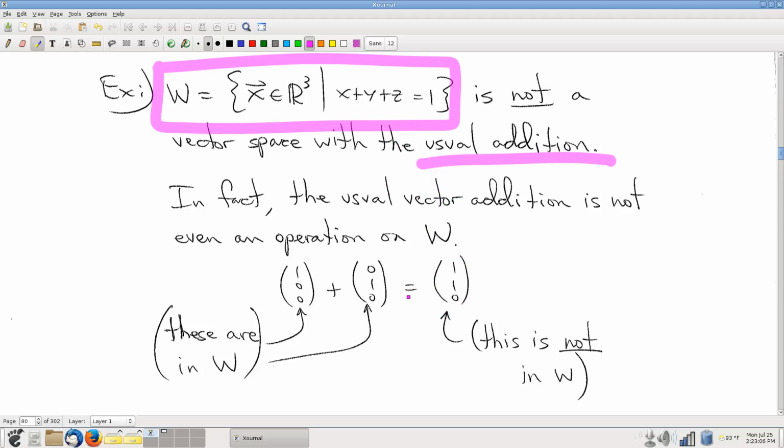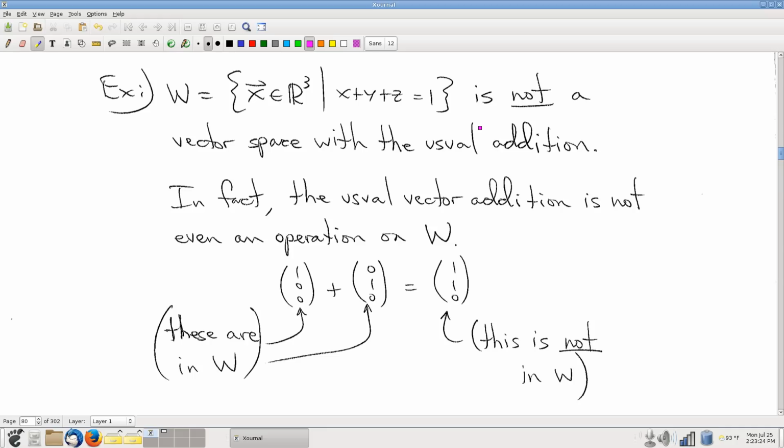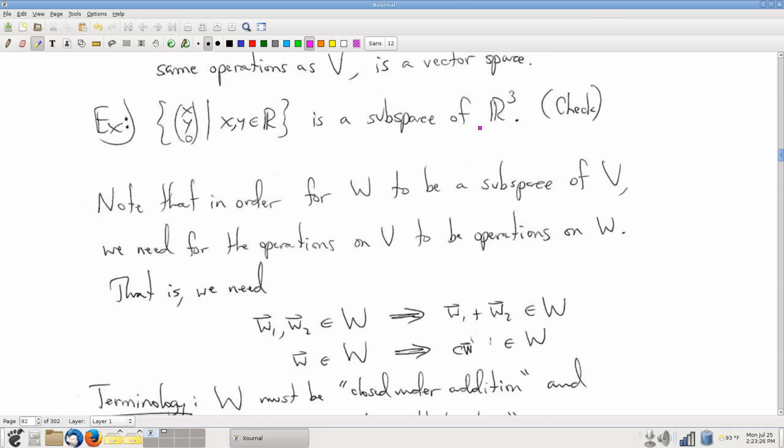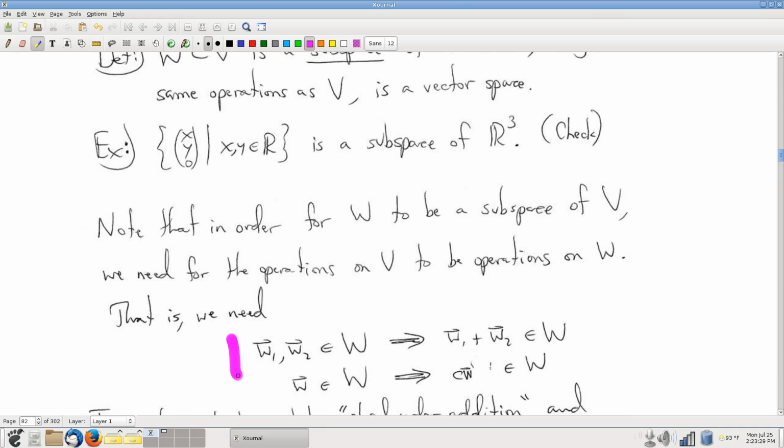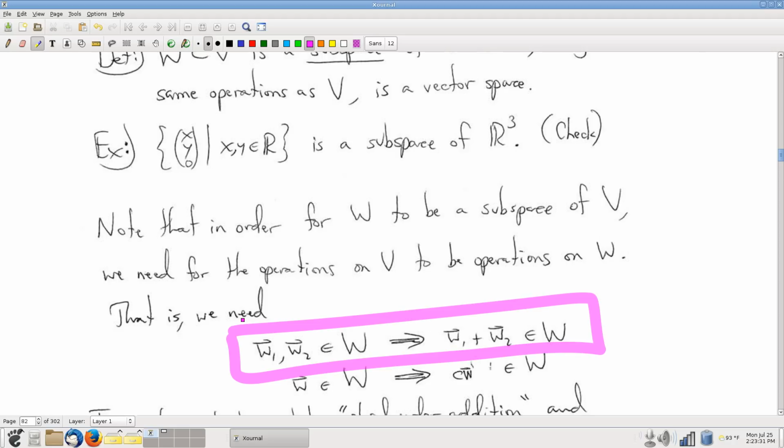So what we have here is a situation where, using the usual addition, we could take two vectors that are in this set W, and the sum is not in W. So this would be a problem, as it was in this example. Okay, so the observation then is that this is a requirement. If W is going to be a subspace of the vector space V, then certainly any time you have two vectors and you add them, the sum has to stay in W.